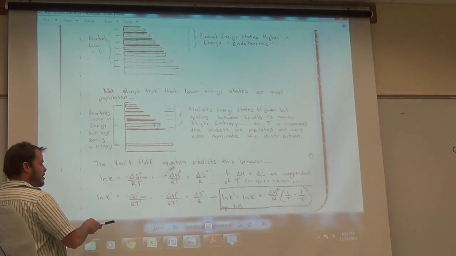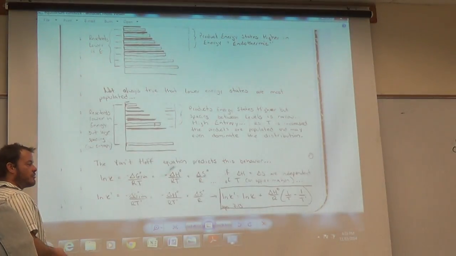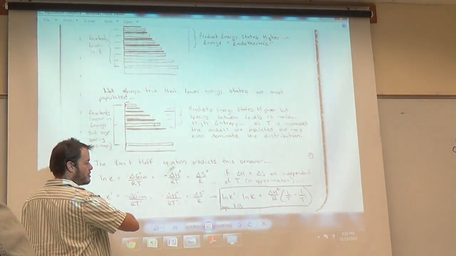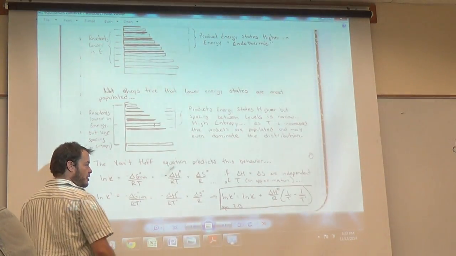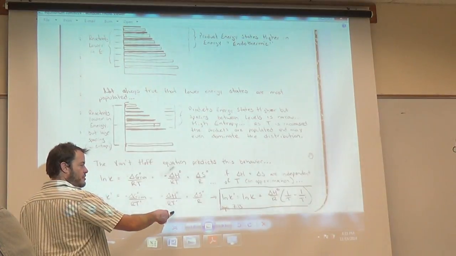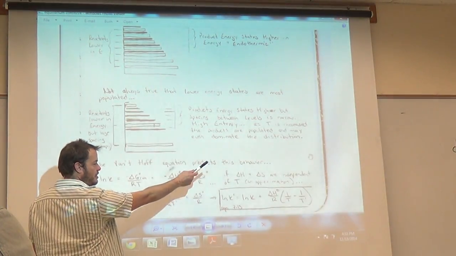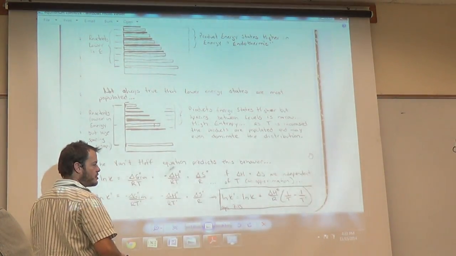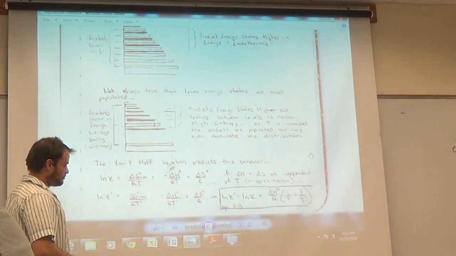So we can write that natural log of K prime is equal to negative delta G naught over RT prime, which is equal to negative delta H over RT prime plus delta S over R. And you'll notice that the only terms that change are the ones that have the temperature dependence, because delta S doesn't respond to a change in temperature, it's constant over temperature. And these two terms are exactly the same.